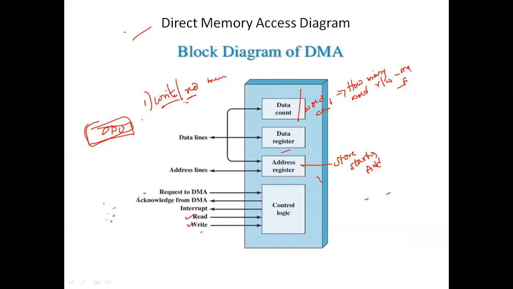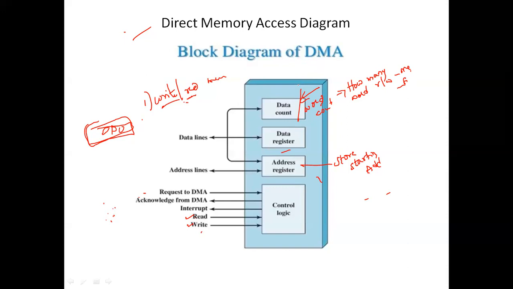So that is the purpose of the word count. It stores this information in the word count register. And this word count register we can also call the data count register.